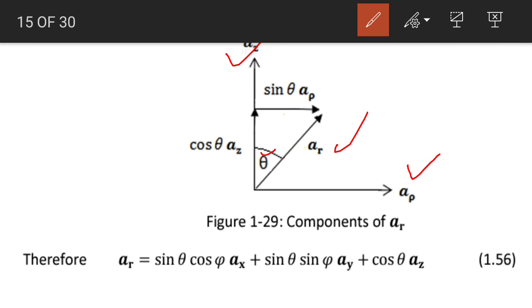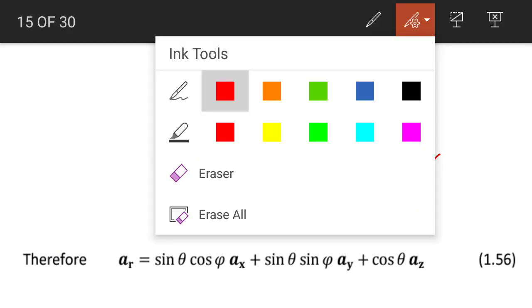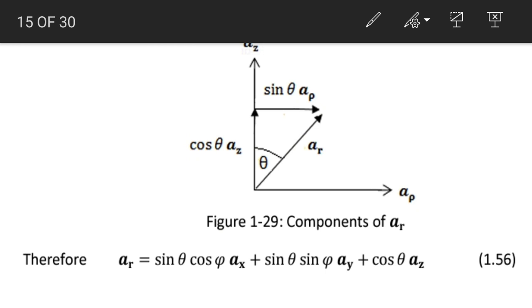We resolve this unit vector into two components. It has a component along z axis, which is cos theta az, and a component along the unit vector a rho.